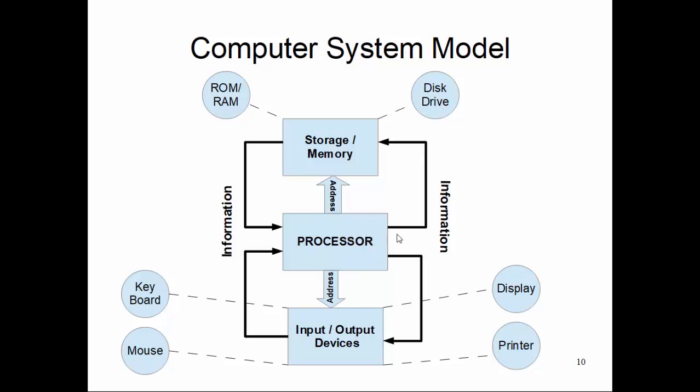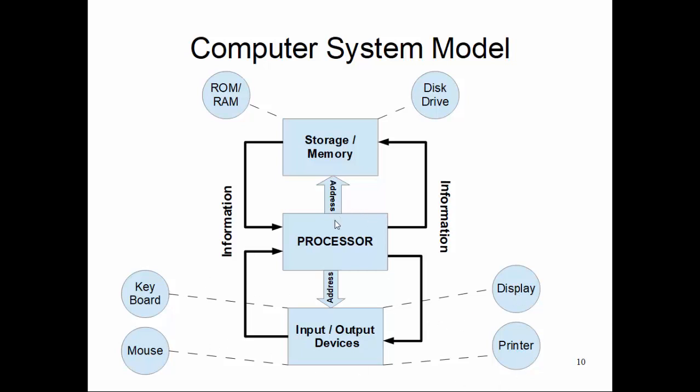Is it targeting to store something in the disk or in the ROM? Is it targeting to get some information from the mouse or from the keyboard? Or to send some data to the display or to the printer? So how does a processor distinguish and tell the storage system or IO devices which specific one to pick?